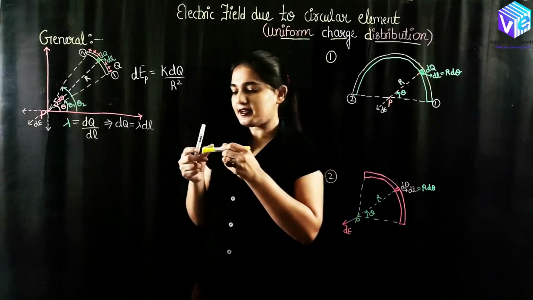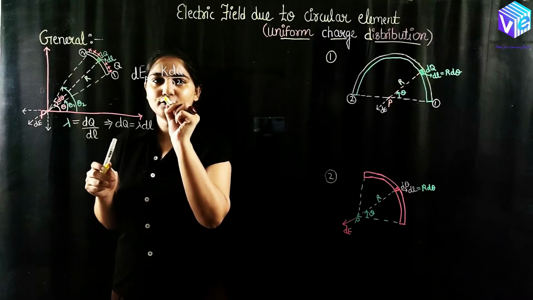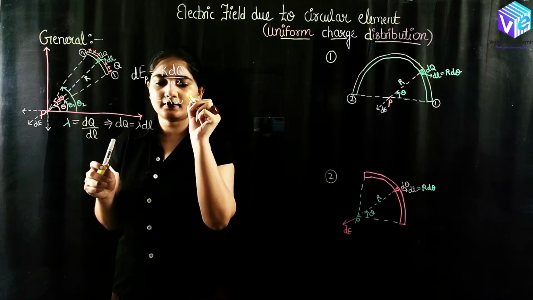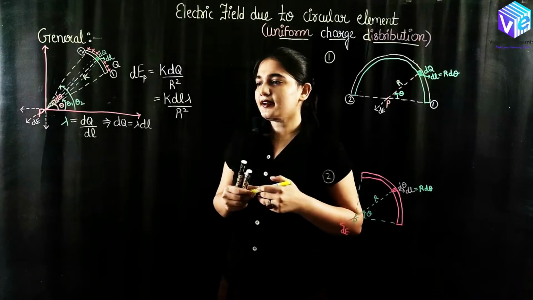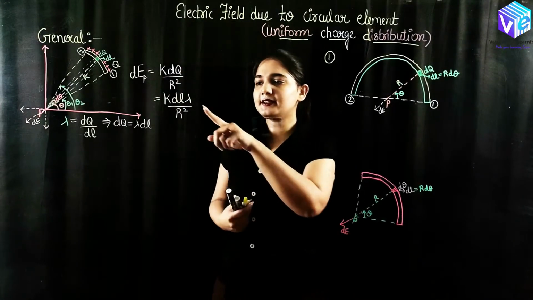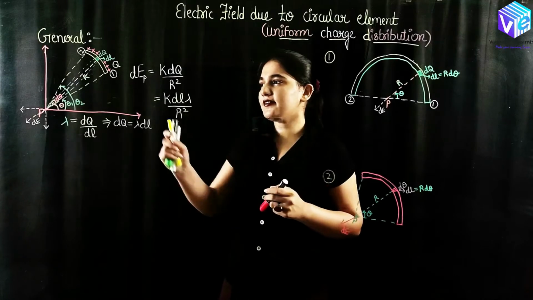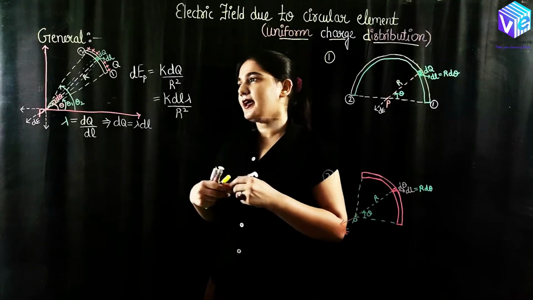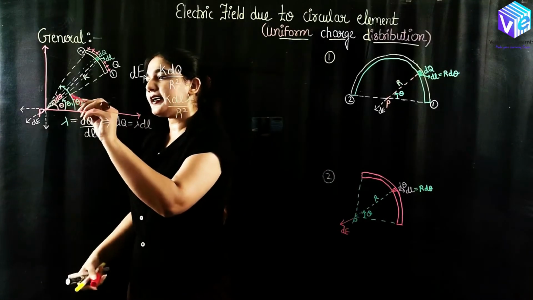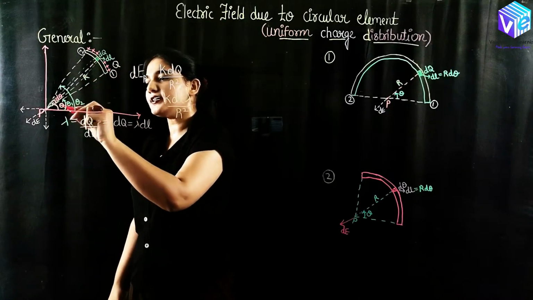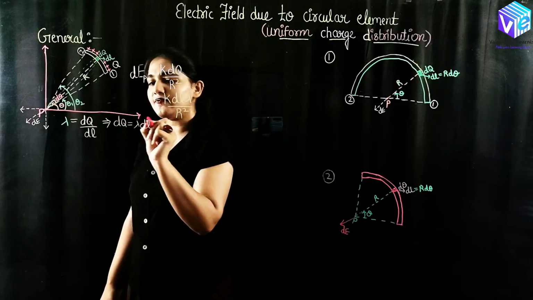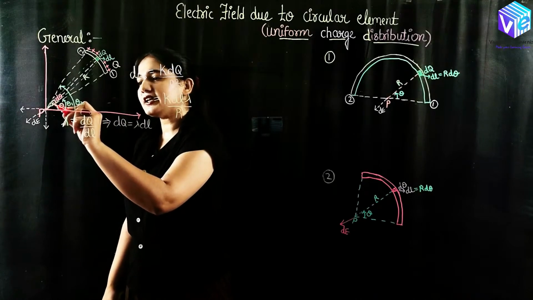Now I can replace it and write it down. Here I have one more element dl. In this diagram, the angle which this element dq, at its center point, makes with point P along the x-axis is theta.